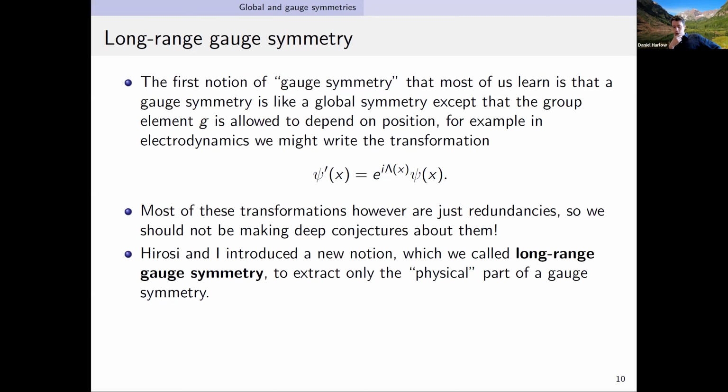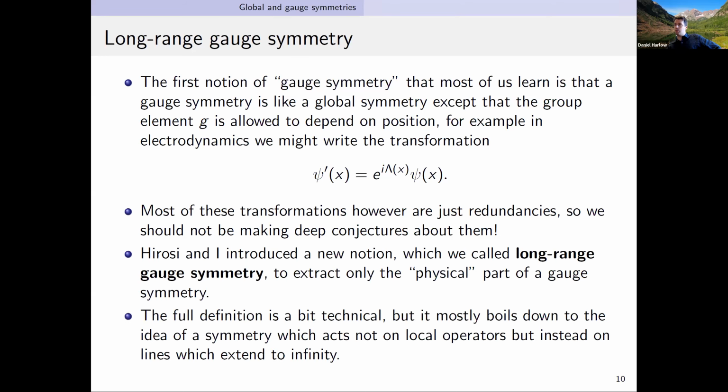So Hiroshi and I introduced a new idea which we called long-range gauge symmetry, which is designed to extract the physical part of the gauge symmetry without keeping track of the redundant part of the symmetry.